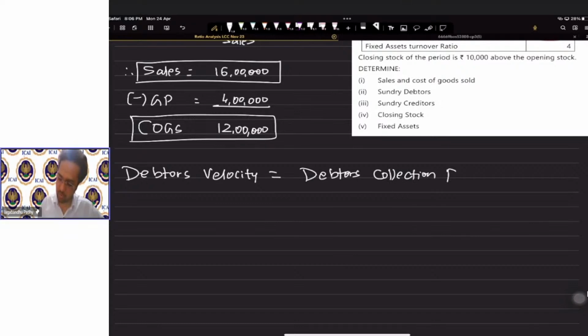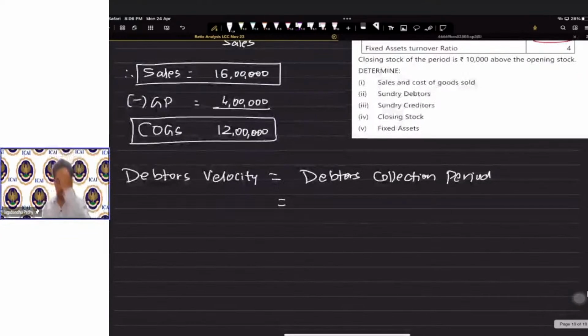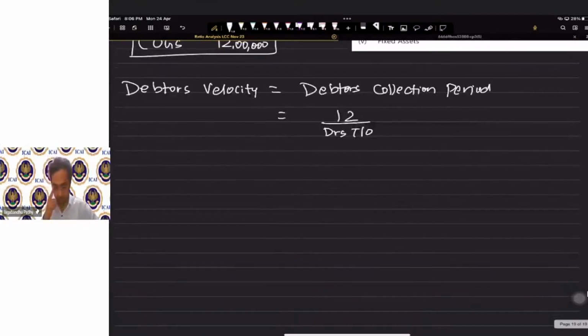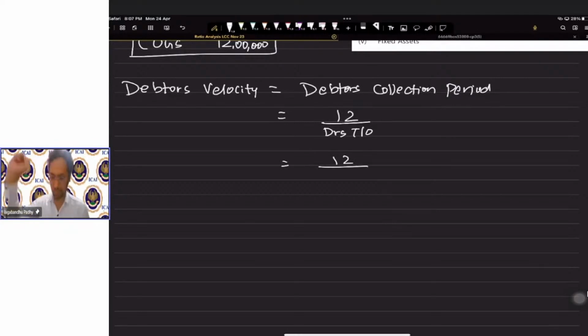And we know that debtors velocity is 12 divided by debtors turnover, which is sales upon average debtors.